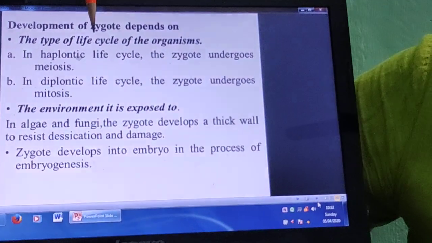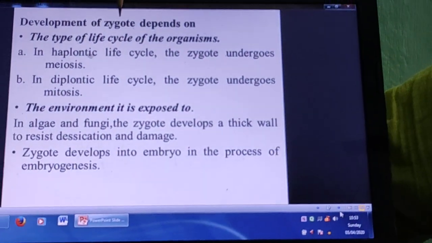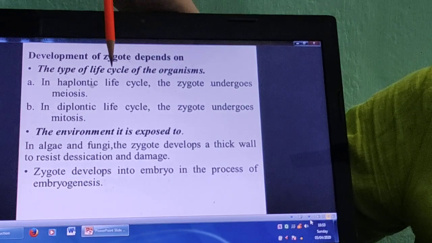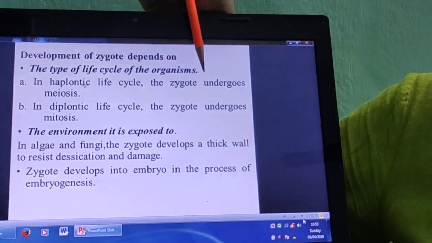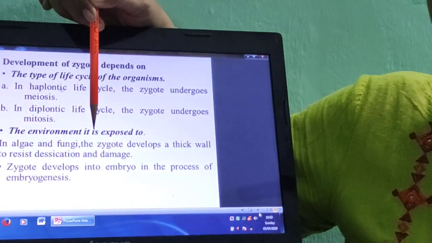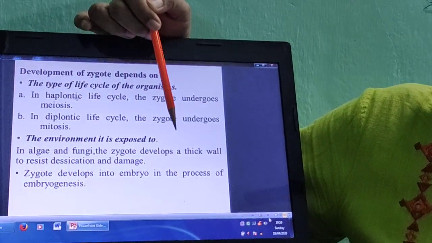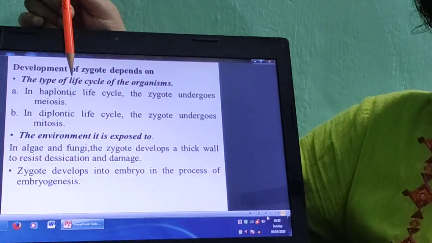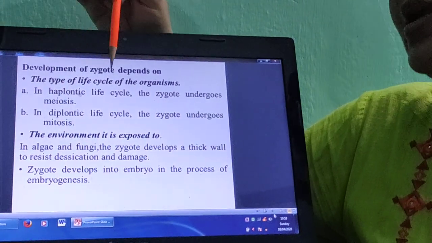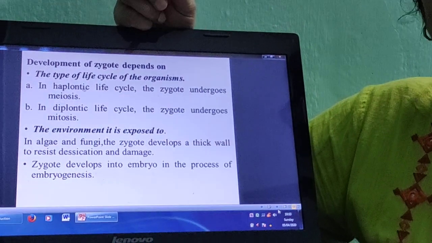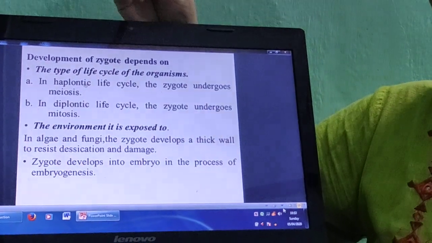How the zygote will behave, or what is the fate of the zygote, depends on the type of life cycle of the organism. Second, it depends upon the environment it is exposed to. In which environment the organism is present, depending on that, the development of the zygote takes place. Clear? Let me elaborate this.